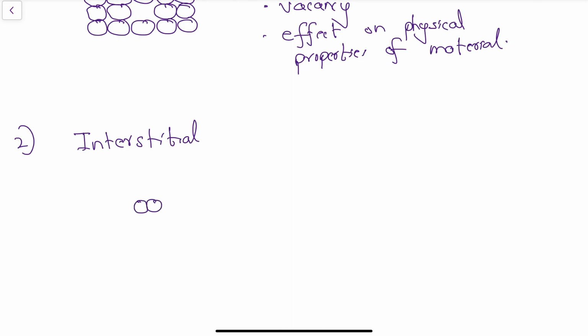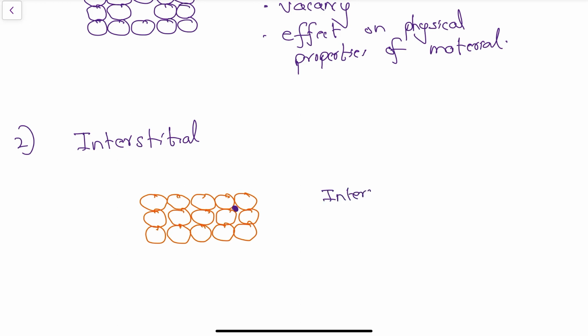So you have these atoms like this, and if you find an impurity in the interstitial location, this is called an interstitial impurity, and this is a defect of the crystal.